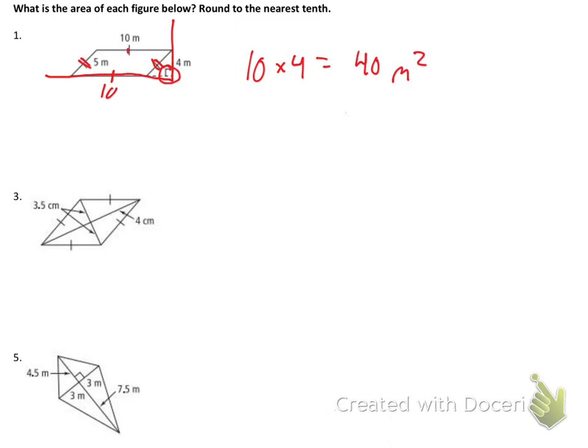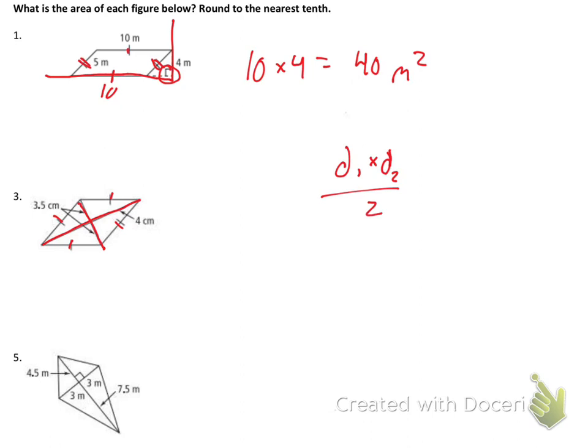All right, so this third one here looks to be a rhombus because everything's equal. So these are all equal, and then these are equal to these, which is good. So what we would need to do here is on our rhombus, it's just diagonal 1 times diagonal 2 over 2.